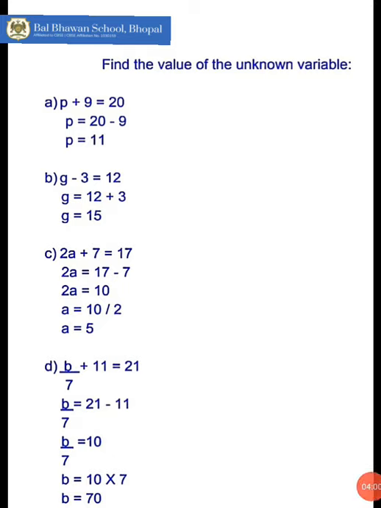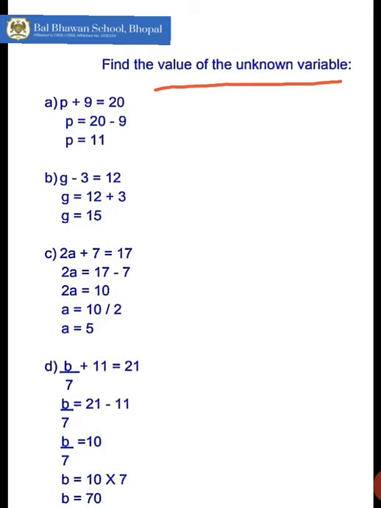Now look at the following questions. Here we have to find the value of the unknown variable. That means we have to find the root or the solution of the equation. In the first question, children, p plus 9 is equal to 20.